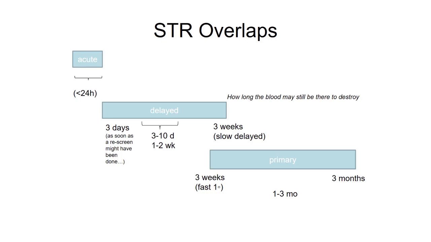At the end of the day, what's important is how long the blood may still be there for its destruction to be evident and potentially clinically harmful to the patient. So some slow delayed reactions and some fast primaries can be equally significant, and depending on the eye of the beholder or the coder in the patient's chart, ultimately be called a delayed hemolytic transfusion reaction.